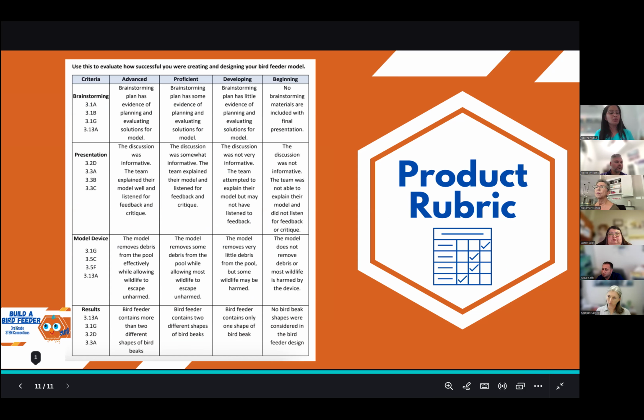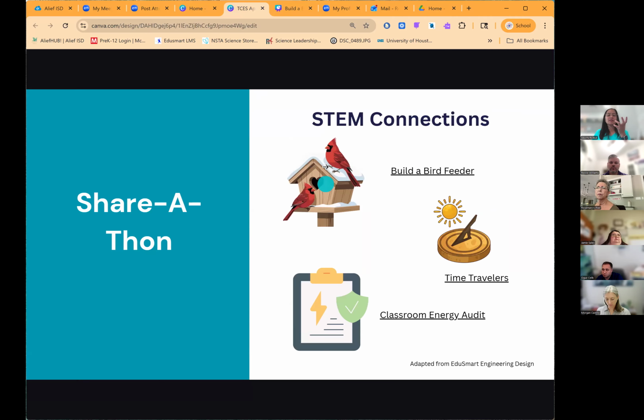It ends with a rubric, but in hindsight, it might be better to present the rubric first, so that kids know what they are up against. So that is how the different slides are set up. Let me go back to this one right here. This is focusing on building a bird feeder.